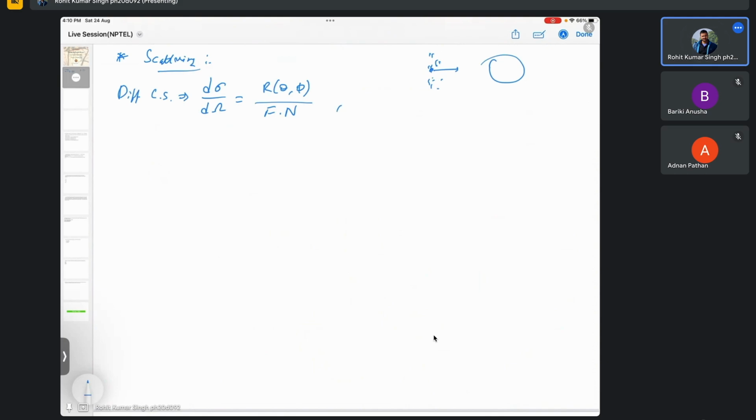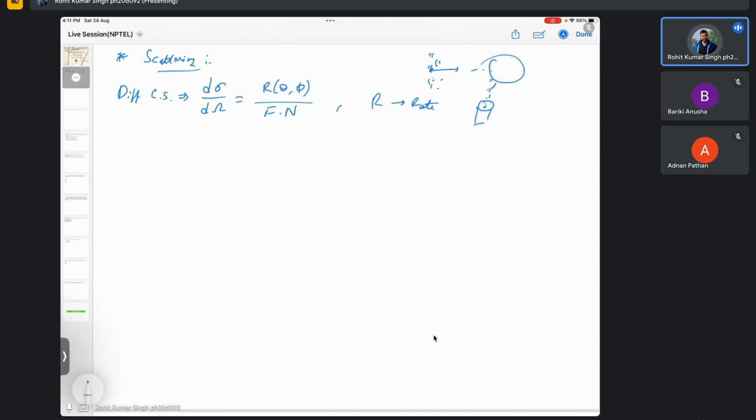And R is the rate of detected particles. After these particles hit here, they go into our detectors, right? So R is the rate of detected particles around a point theta and phi. Basically you have to imagine a point here having angle theta and phi.